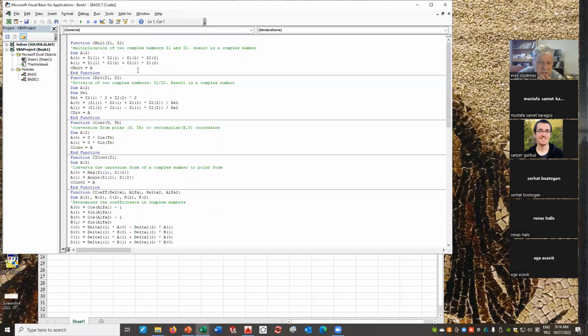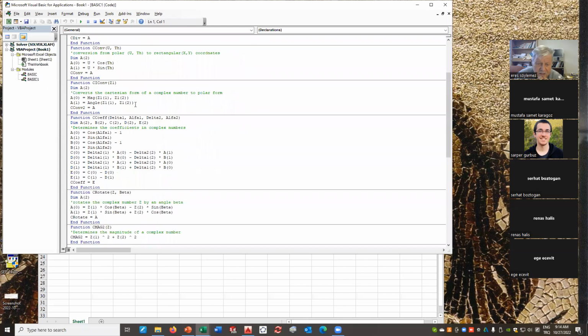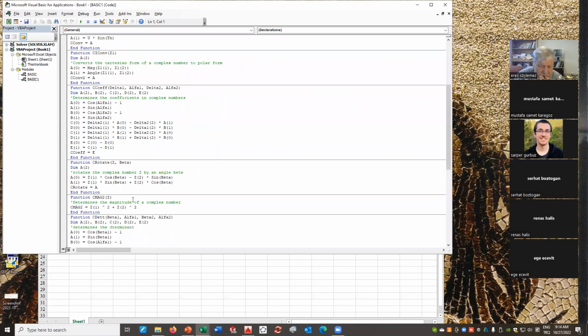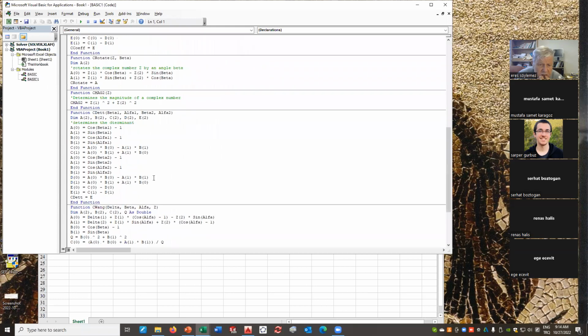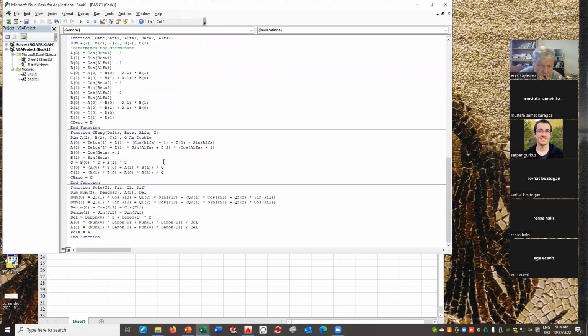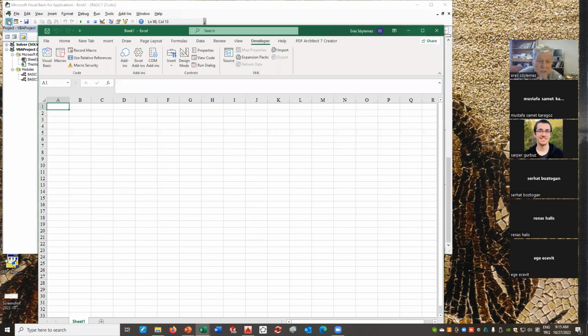And in case of basic, there are lots of complex number arithmetic involved. Forget about CQF. I will show this function, pole function, Q1, phi1, Q2, phi2, and you determine the pole. Okay, that's it. Let me show how to use it.